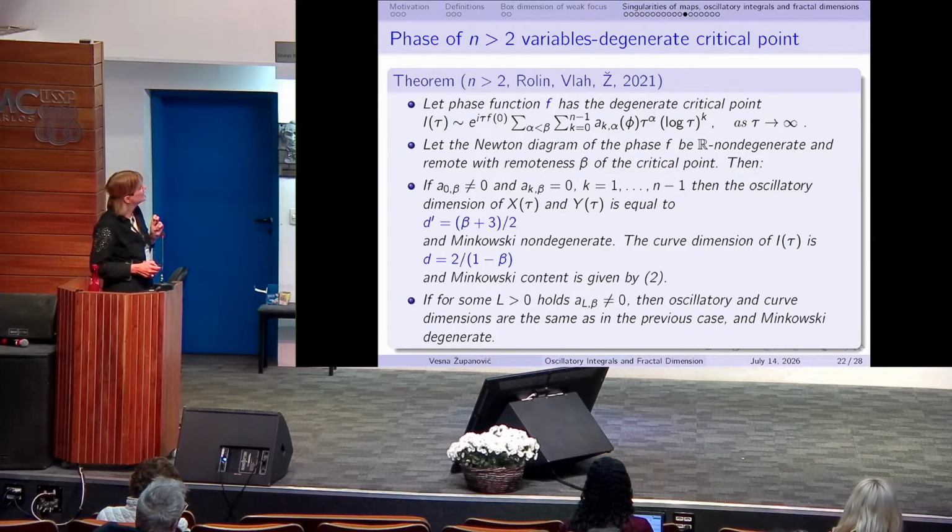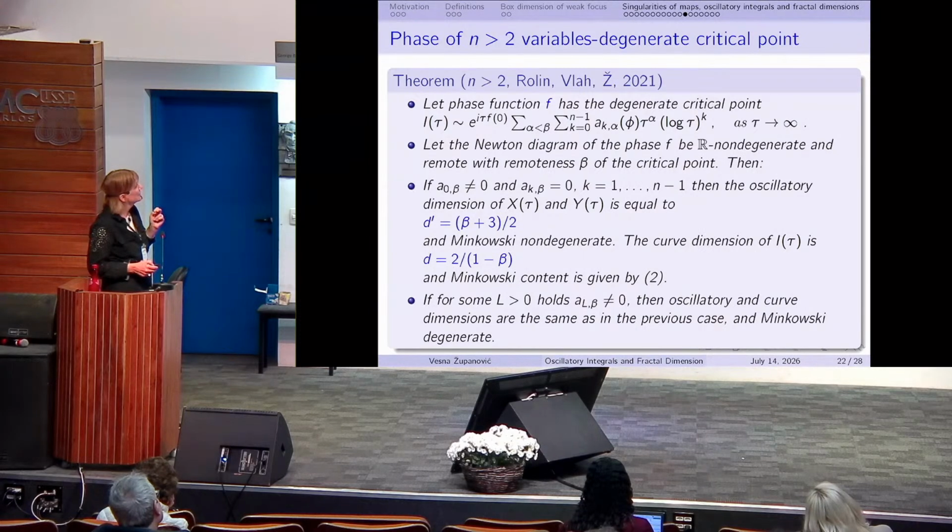We have the same conclusion as in the previous theorem, and you can see that you have more complicated behavior with bigger beta, which means bigger dimension.